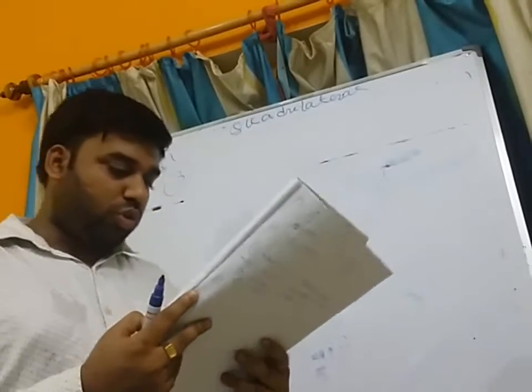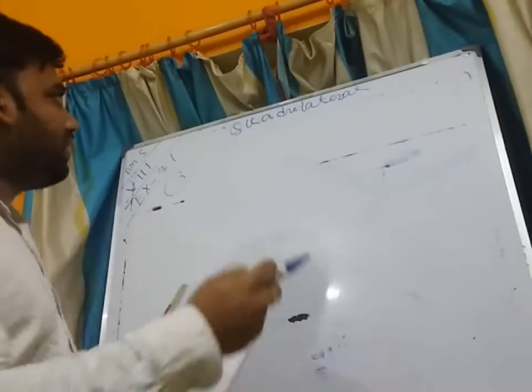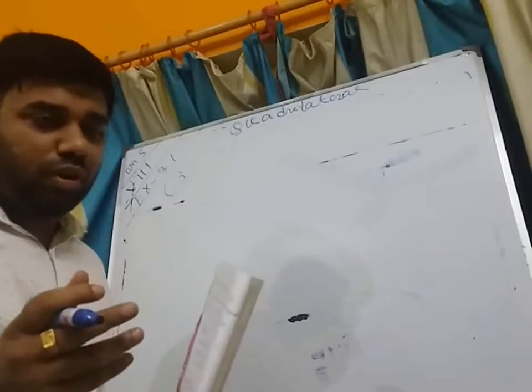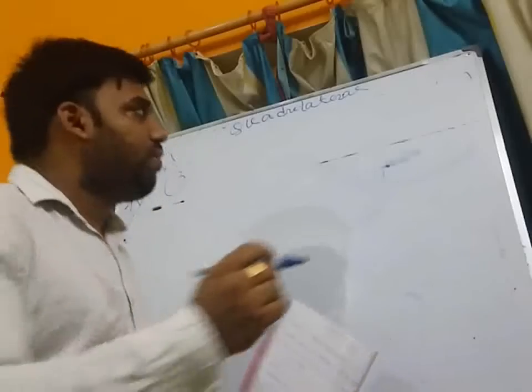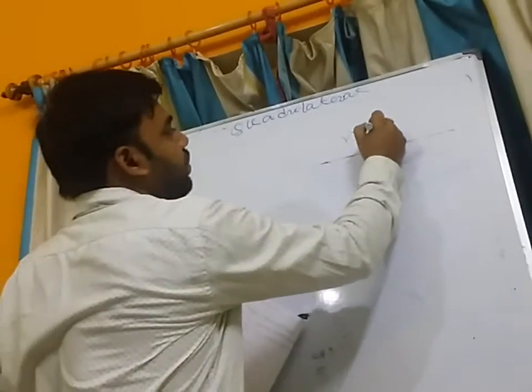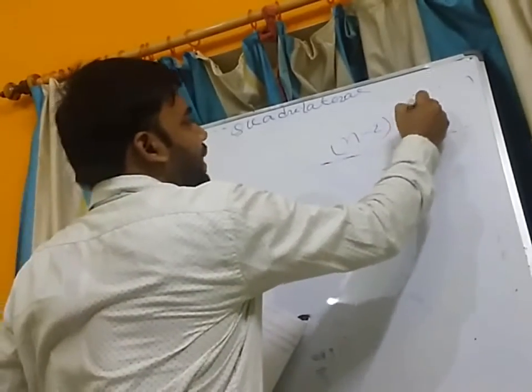We know that the sum of the interior angles of a quadrilateral is 360, by following this rule: (n minus 2) into 180.